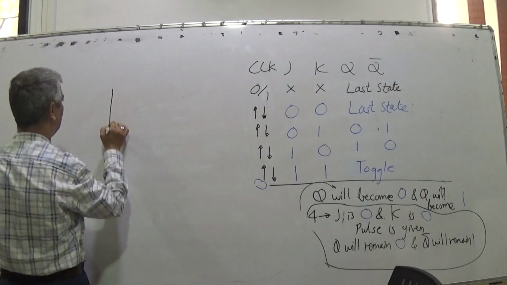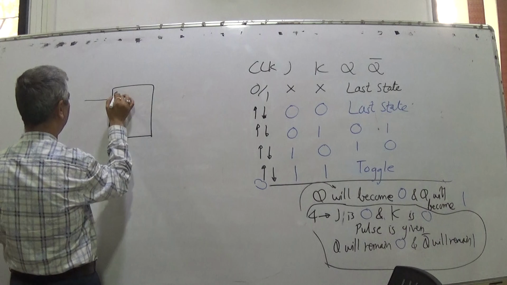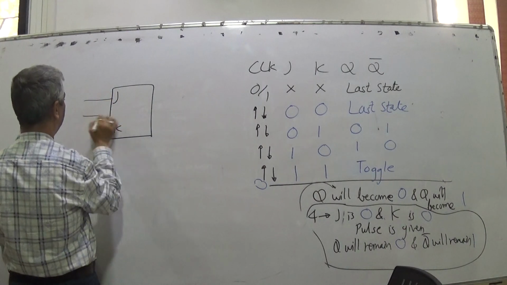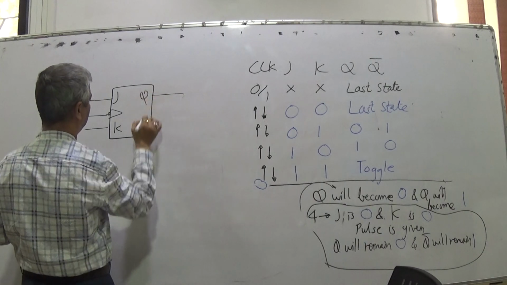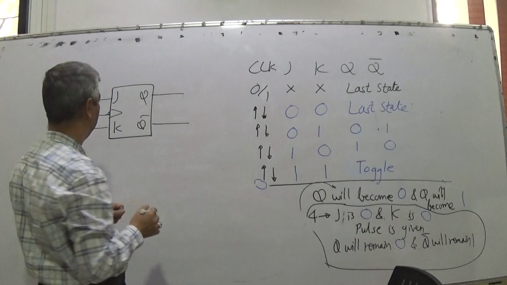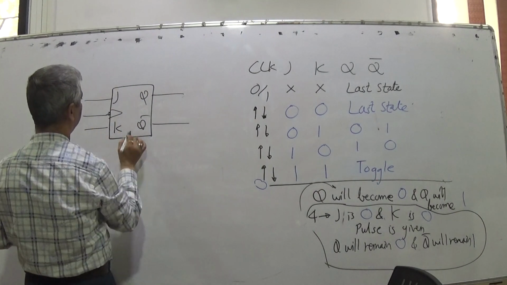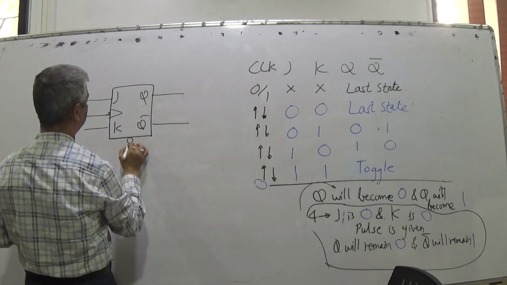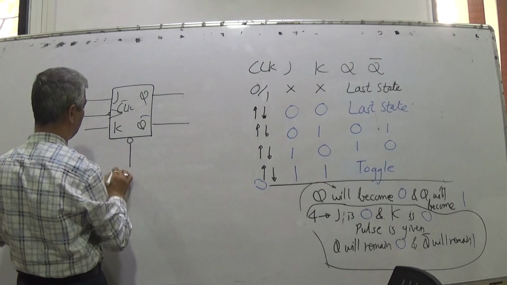So now there is one more pin. J, K and clock are the conventional pins, along with Q and Q bar, and there is one more, reset bar.